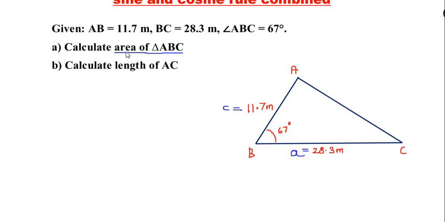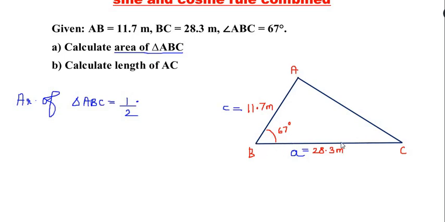Next, we start by writing the formula for the area of triangle ABC. The way we write this formula is half times the sides which are mentioned.